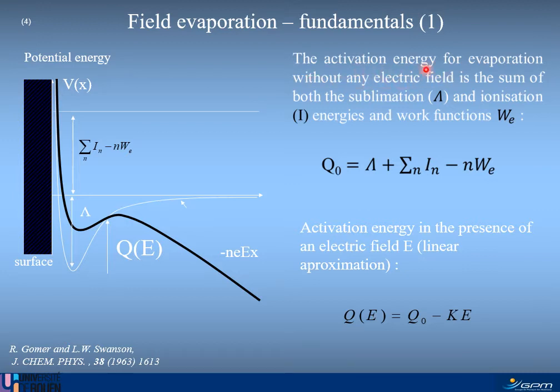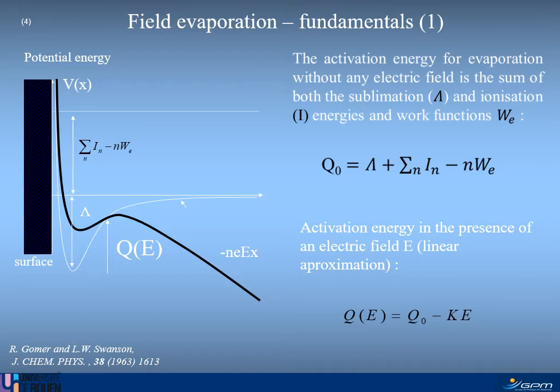And this activation energy, Q0, is in fact the sum of what? The sublimation energy, lambda, the ionization energies, this is this term here, and the work functions, and this is the third term here. Okay, and there is a negative sign here because of course we get back the energy because of the electrons coming back to the tip.